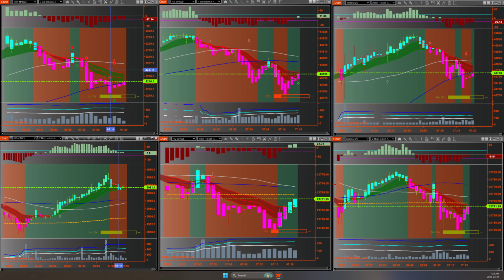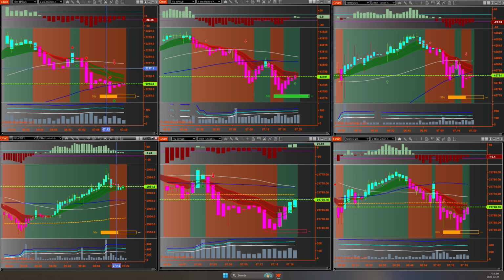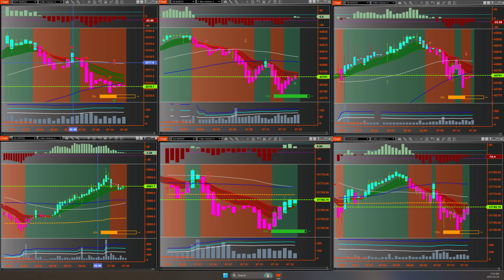So that's a minor glitch. Here and there, it'll have the wrong color. Why? I don't know. I'll have to figure it out. But for the cloud, it's clear that the fast is below the slow, like it's not crossed over to the upside. So I just kind of left it for now.